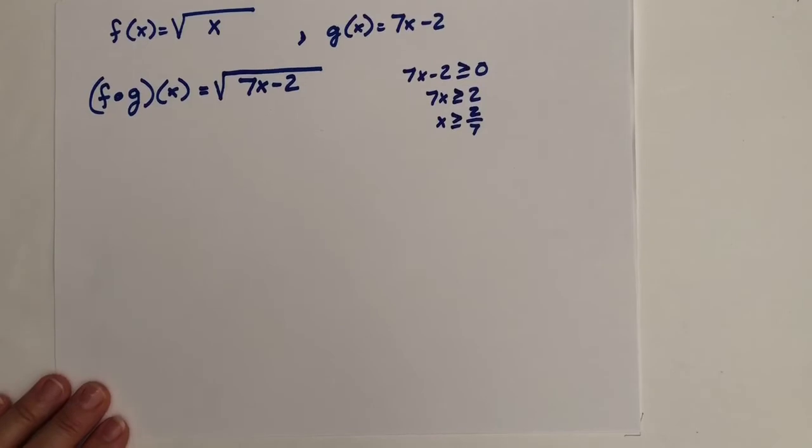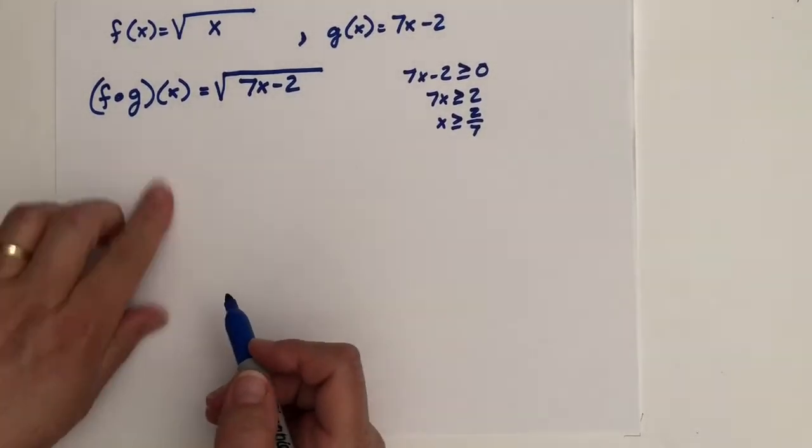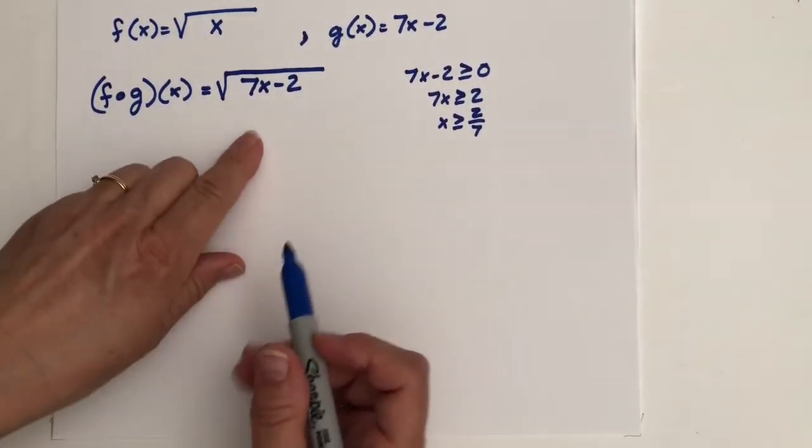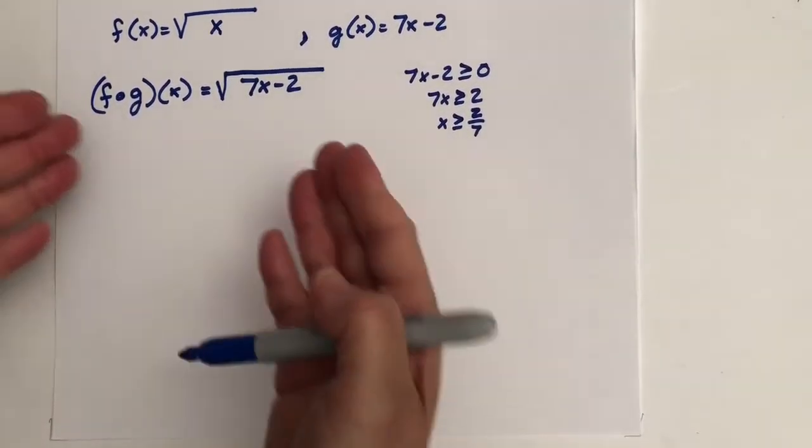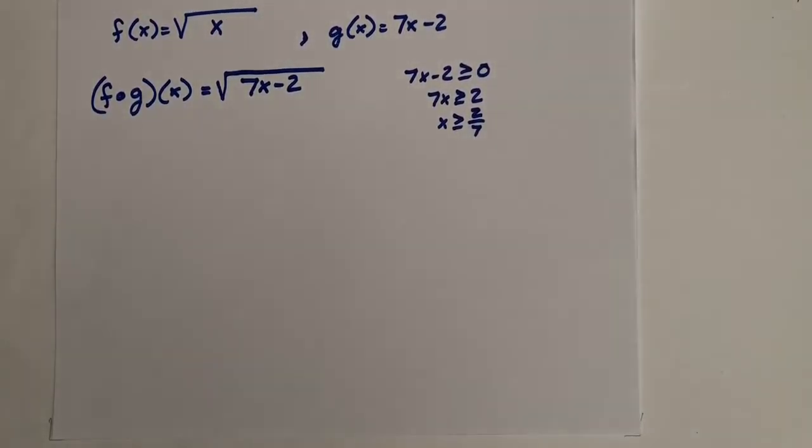But I wanted to make another point with respect to this one. Notice that the 7x minus 2 got put into the square root function. You can see what it looks like. What if we wanted to reverse the process?